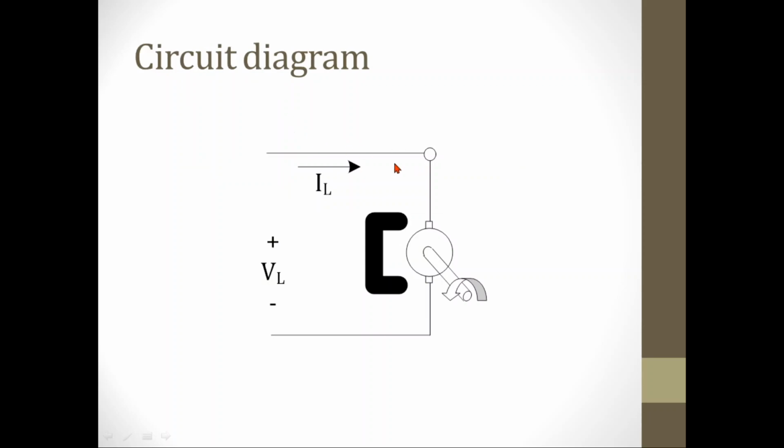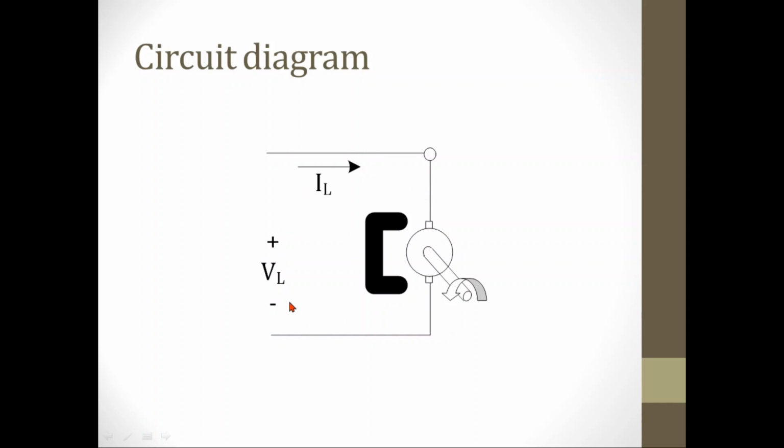So this will be the circuit diagram of a permanent magnet DC motor. As you can see, the field is not supplied with an external voltage source, only the armature. The armature is being supplied with the source voltage. When the voltage is given to the terminals of the armature, current will flow to the armature winding.